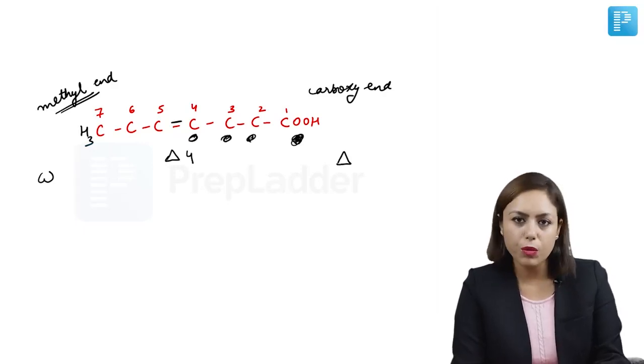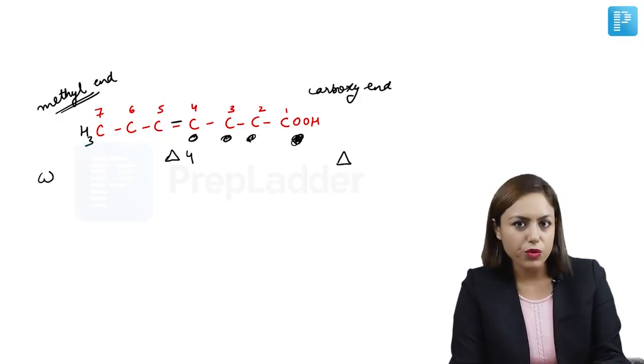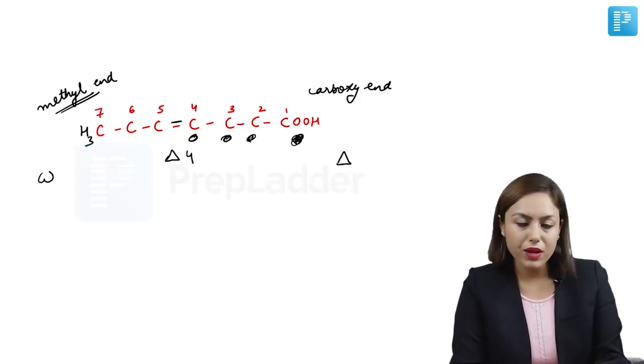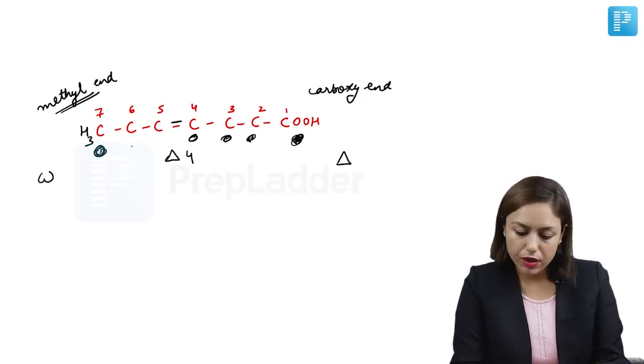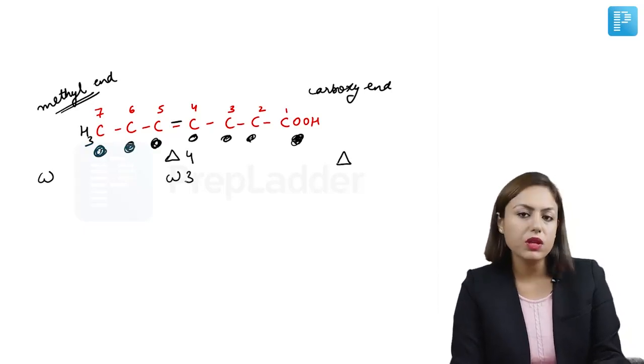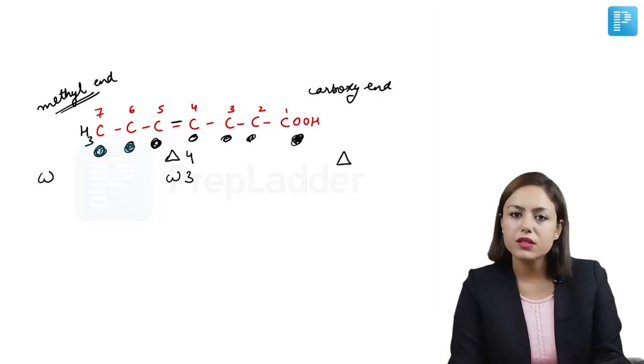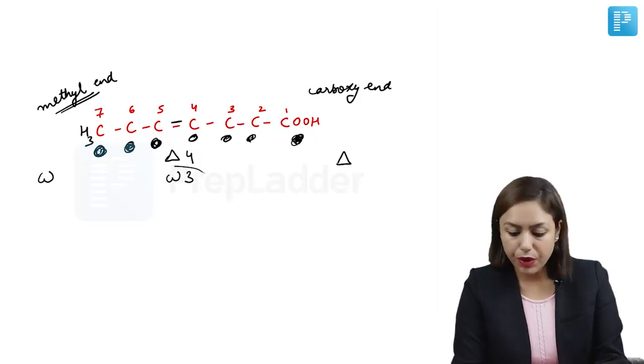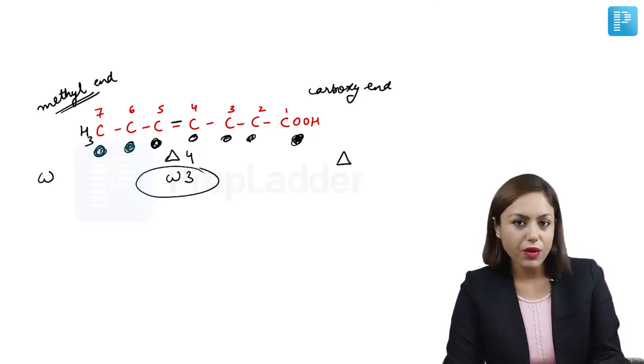So at the 4th position a double bond is there. So this is delta 4. On the other hand, if I start from the omega end, this is number 1, this is number 2, this is number 3. So this is an omega 3 fatty acid. So if numbering starts from the methyl end, this is the omega system of numbering the double bond, and the omega system is preferred over the delta system, right?